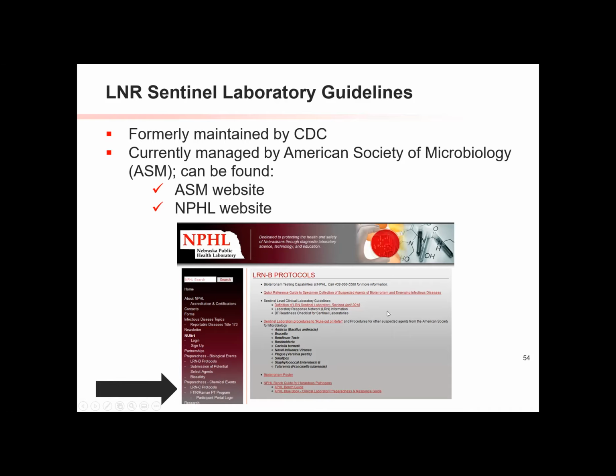And it will be this page here that you're seeing now. There are a number of resources here that we'll go through and talk about, but that's also where the APHL guidelines or ASM guidelines will be. So we'll get through that.